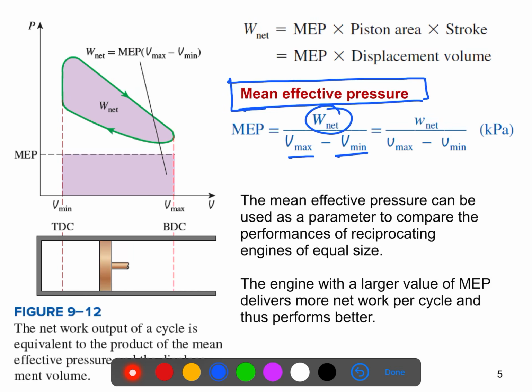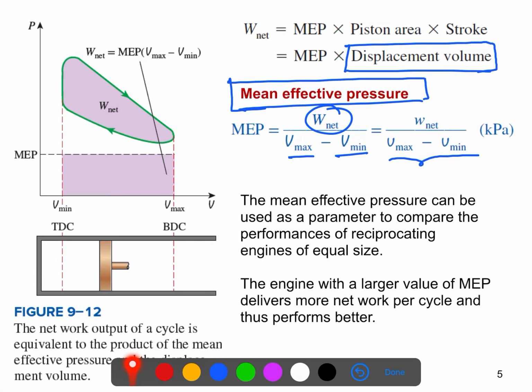We'll discuss that later. It is not actually the displacement volume, which is something different. We calculate the displacement volume from the piston area and the stroke: the multiplication of the piston area and the stroke. That is the displacement volume, whereas this is clearly the difference of the volumes.